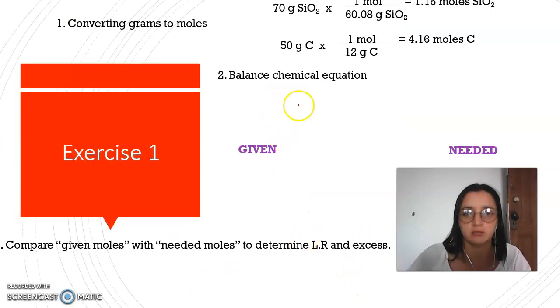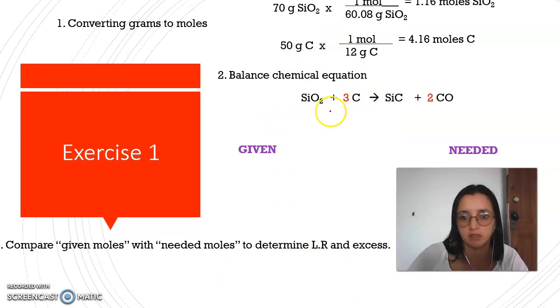In the second step, we have to balance the chemical equation. To balance it, we need to add a coefficient of 3 for carbon and a 2 for carbon monoxide.